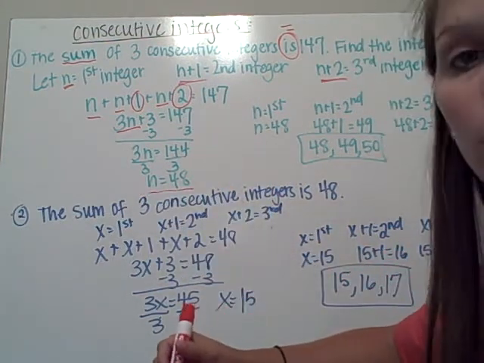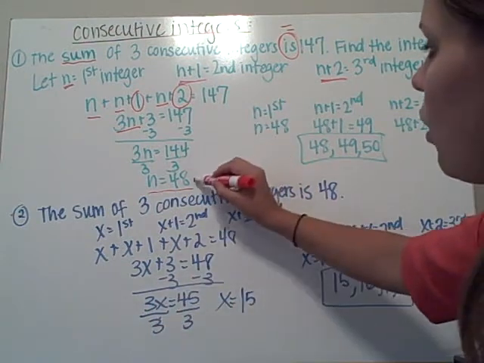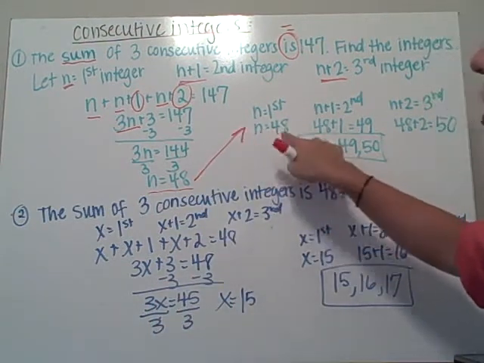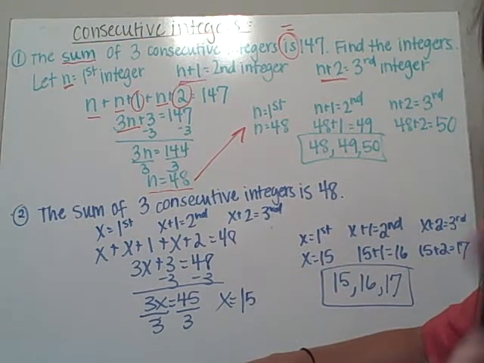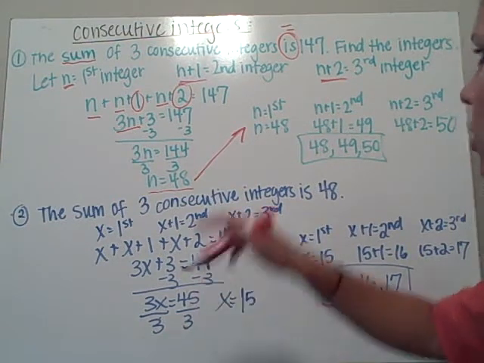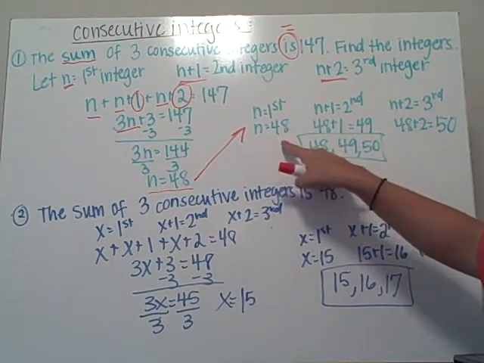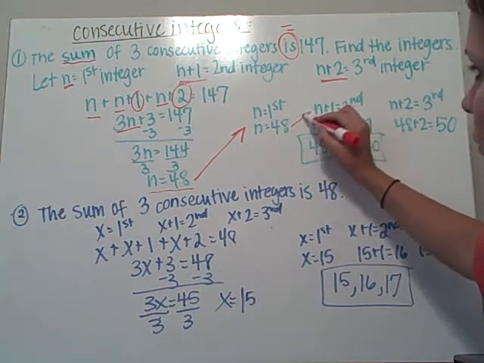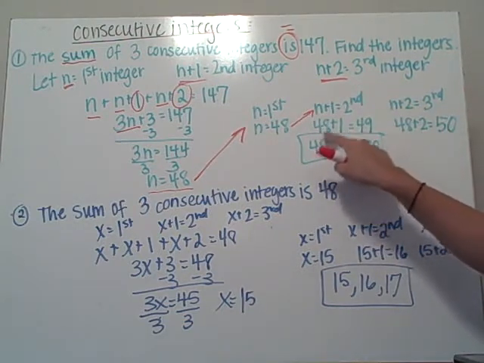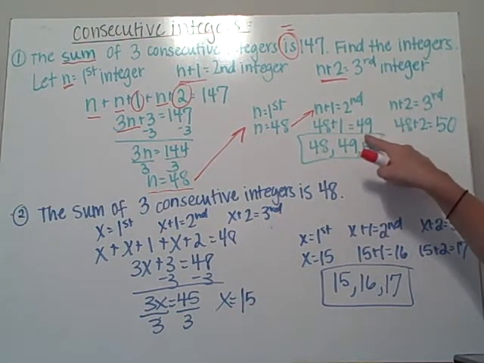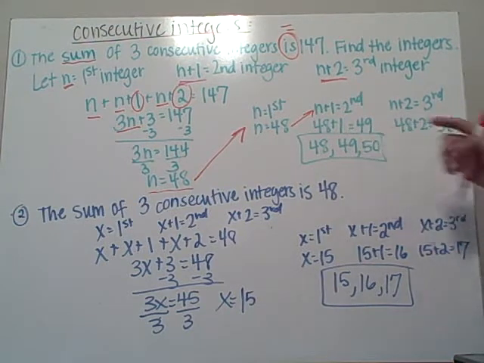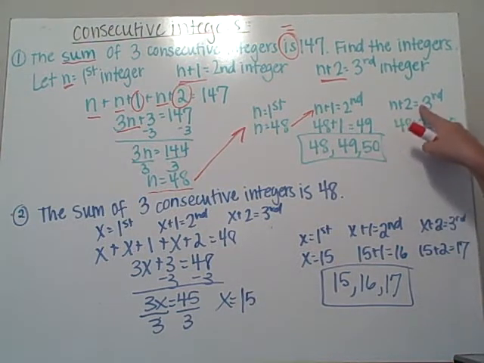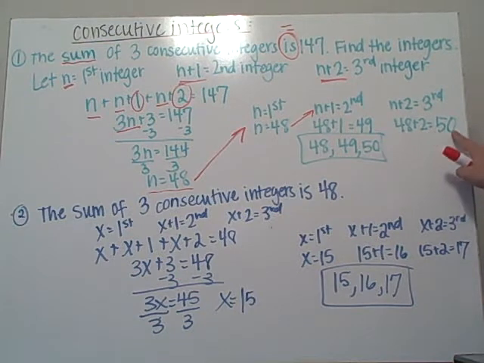We are not done once we find n. n only represents the first integer. We want to know all 3 consecutive integers. Well, if n is 48, we plug in 48 for n plus 1, so our second integer is 49. Plug in n for n plus 2, 48 plus 2 is 50.